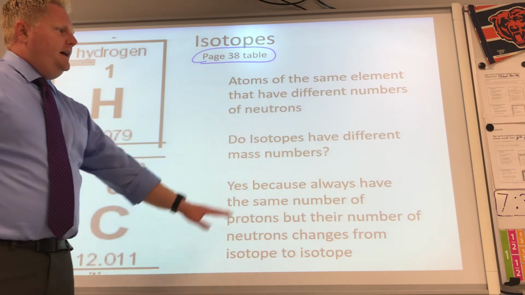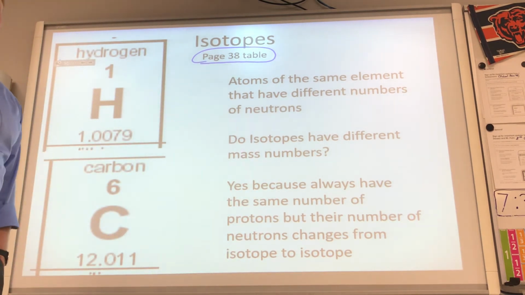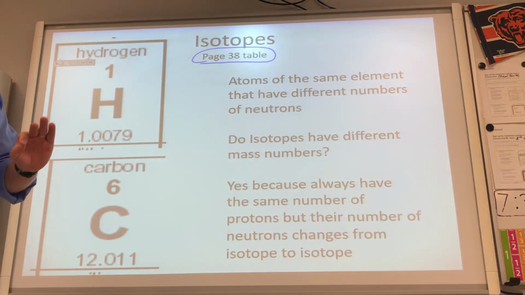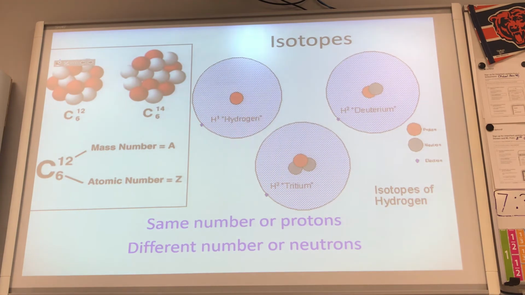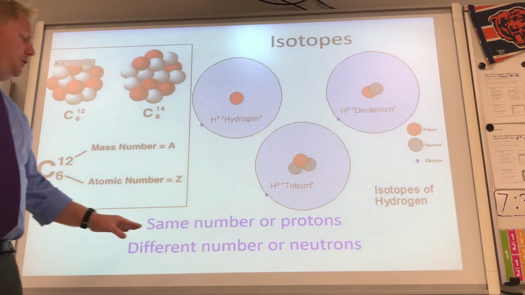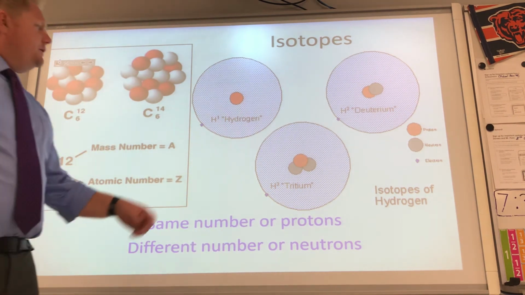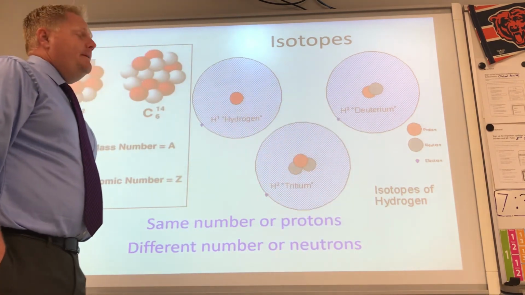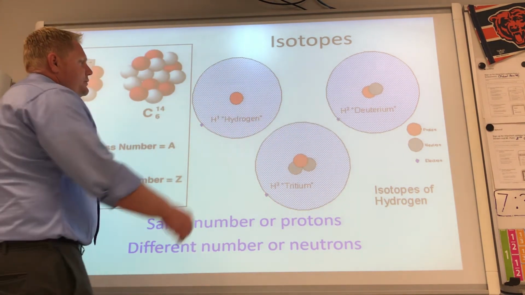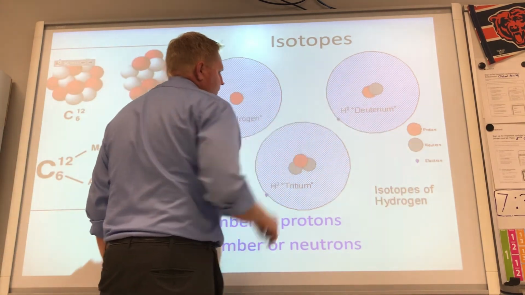We went quickly by that. You're probably questioning what the heck an isotope is. I understand. I'm going to get it when we come back tomorrow. But we'll do a short item here. An isotope is the same number of protons and a different number of neutrons. So all three of these are hydrogen because they have one proton. That makes them hydrogen. But this hydrogen has no neutrons. This hydrogen has one.